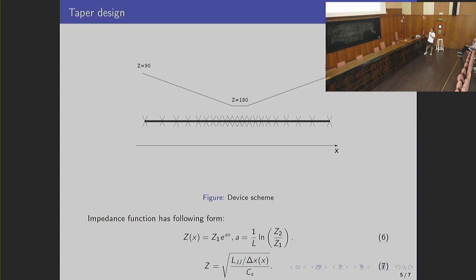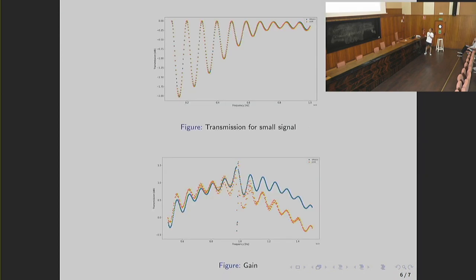Here L is inductance, delta X is the distance between two junctions, and C is the capacitance density. So from this, it's obvious that we can do this by changing the distance between junctions. So let's see how it works.